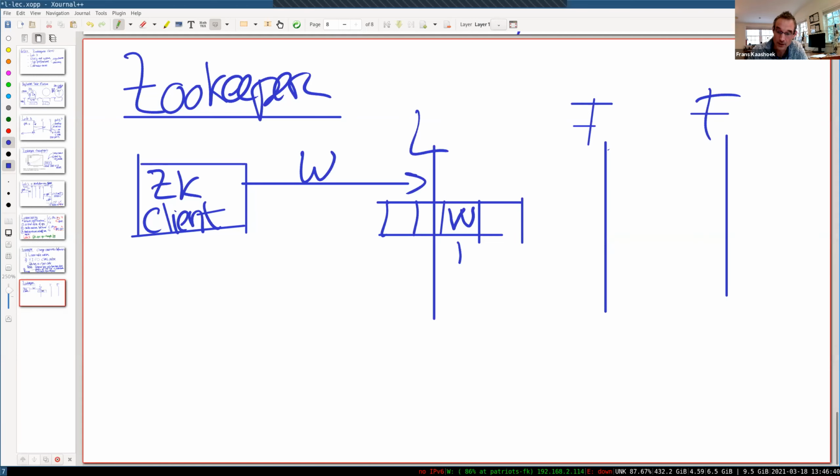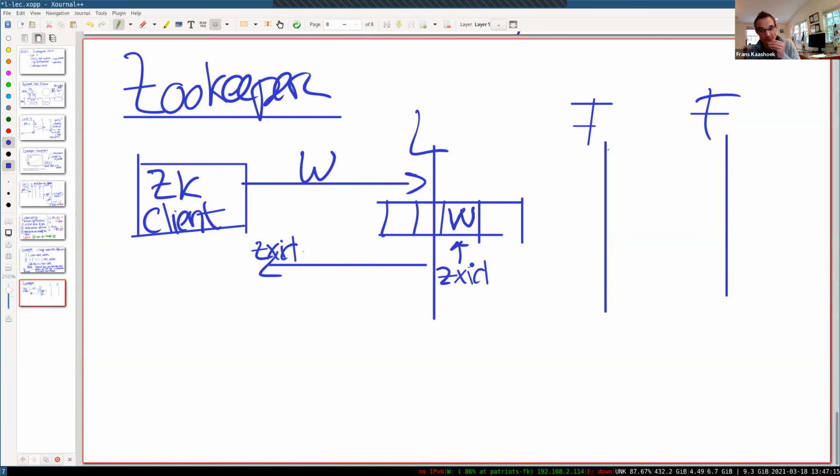In the paper they refer to this index as the ZXID. You can think of the ZXID as the index in the log. When the leader commits a write entry to the log, it returns the ZXID back to the client. The client maintains that state, so associated with a session is the ZXID of the last write.